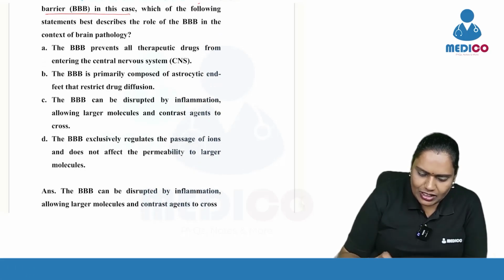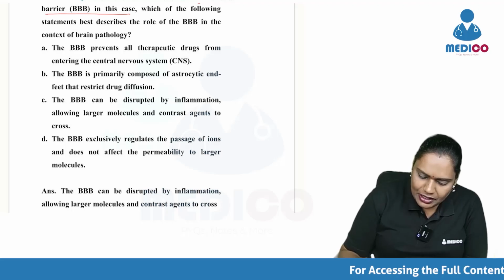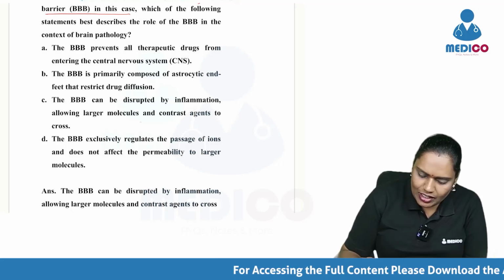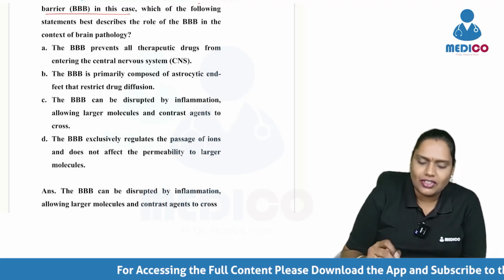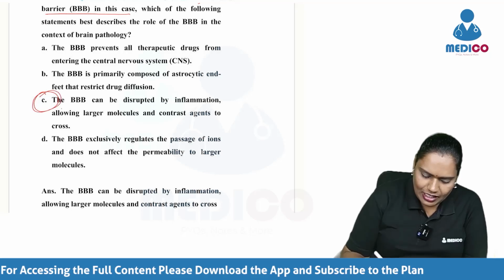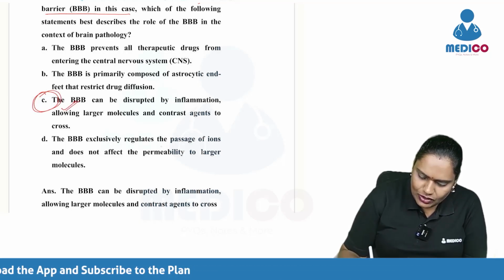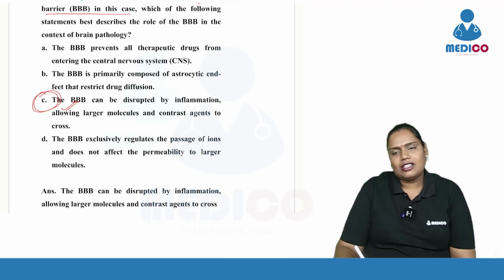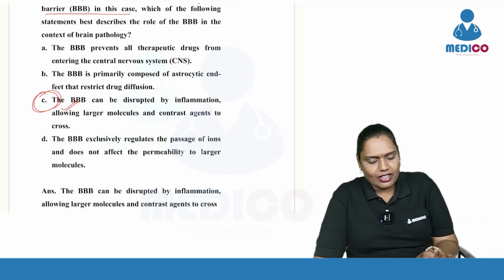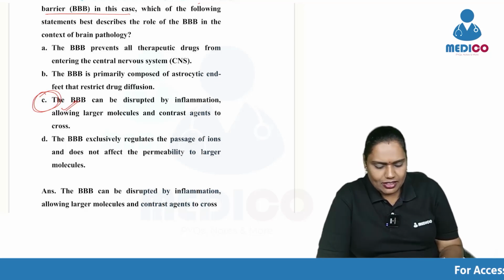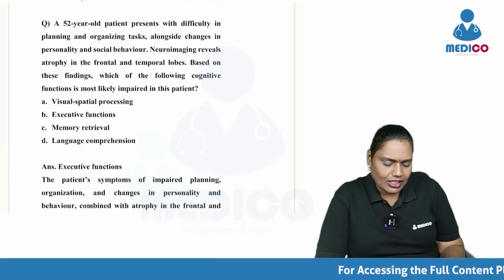So even that is not the right option for the given pathology. The blood-brain barrier can be disrupted by inflammation, allowing larger molecules and contrast agents to cross. Yes, this is the answer. Let us look at the last option. The blood-brain barrier exclusively regulates the passage of ions and does not affect the permeability of larger molecules. No. Okay, so what is the right answer? Option C.